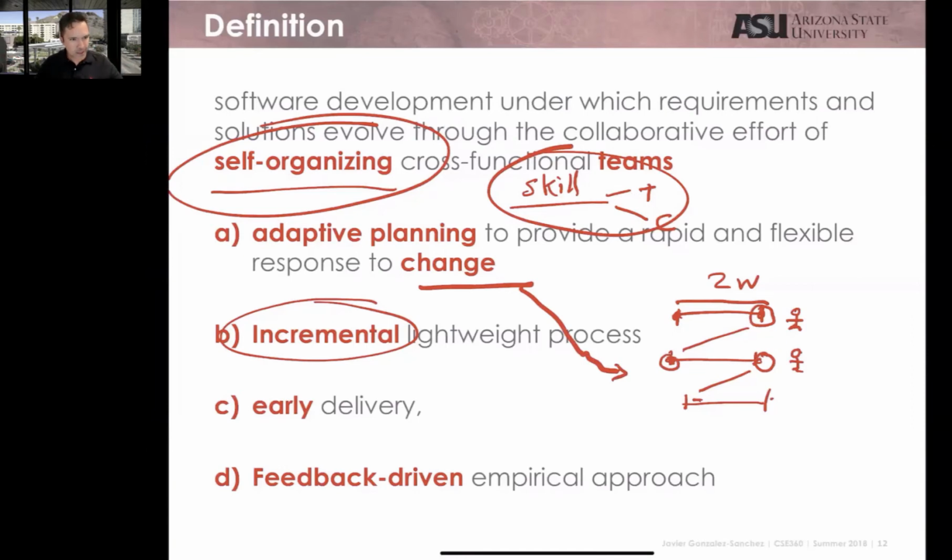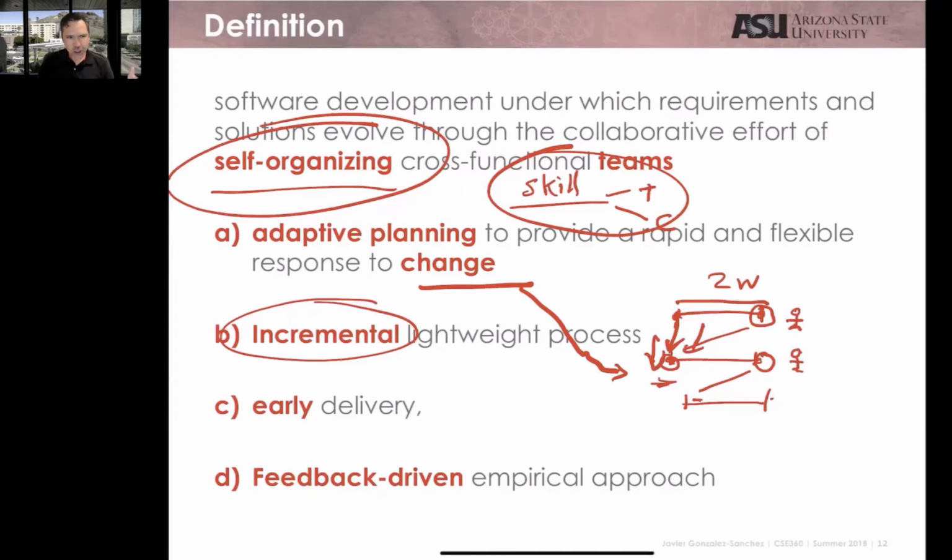You start working today, and you have 2 weeks to complete whatever you decide to complete today. You are not going to make any change in the next 2 weeks because you already start working with whatever you decide today. But in 2 weeks, anything that I ask you to change from now to that deadline, in this point, you can apply the changes that the customer requires to you.